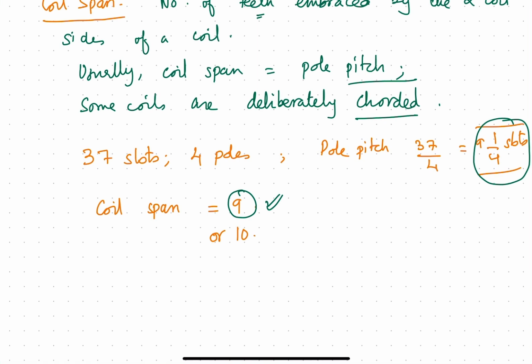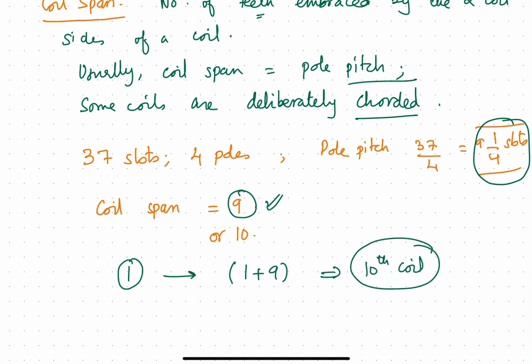So what happens in this case? If the top coil side of the coil lies in slot number 1, the bottom coil side is going to lie in slot 1 plus 9, that is the 10th slot, right? If you remember from the class, in the windings that we discussed, the first layer is on the top, and in the next slot it goes to the bottom.